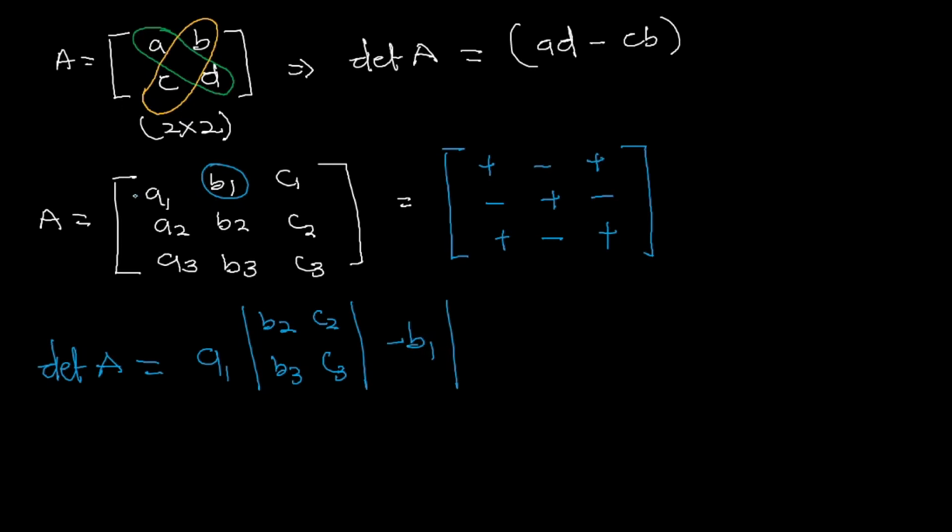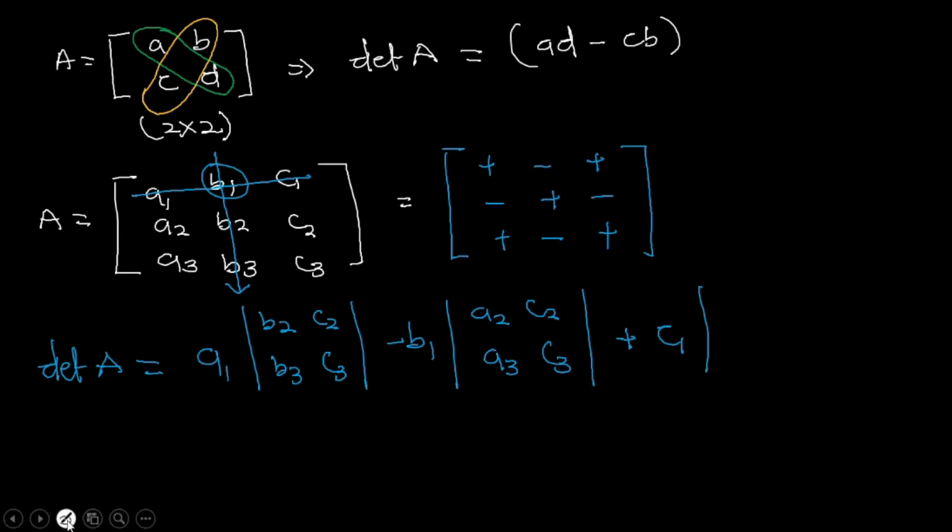Then we cross this row and then this column over here, so we are now left with this 2x2 matrix, so it becomes A2, C2, then A3, C3. Then the third element over here has the sign of positive, so it becomes plus C1.